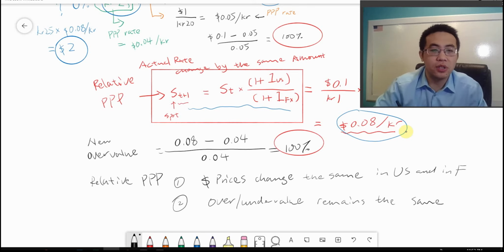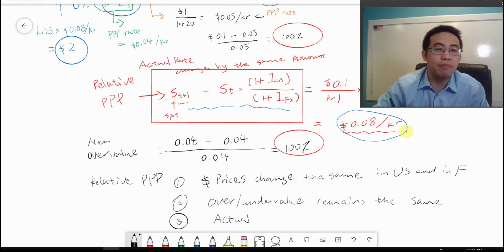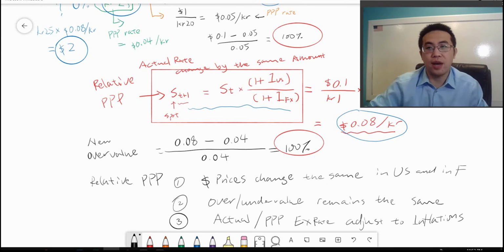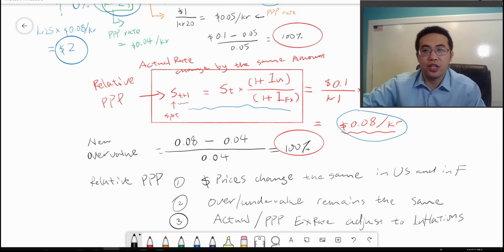And also, of course, both the actual exchange rate and the PPP exchange rate adjust to inflation. It should also be plural because we have inflation in the US and inflation in the foreign country.